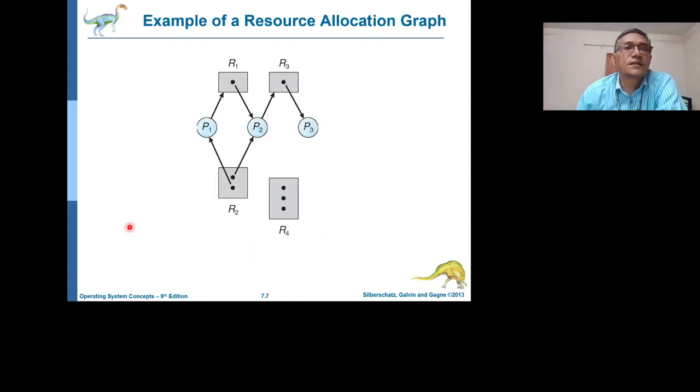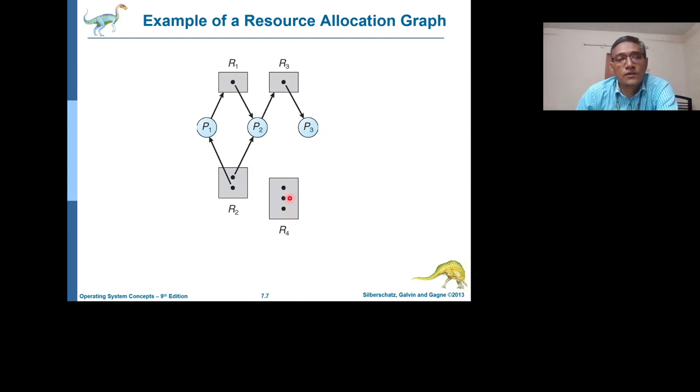If you see the typical example here, P1, P2, P3 are processes represented as circles. R1, R2, R3 and R4 are resources, and the number of instances is represented as dots. For example, R1 has a single dot, which means only one instance of R1 is available.